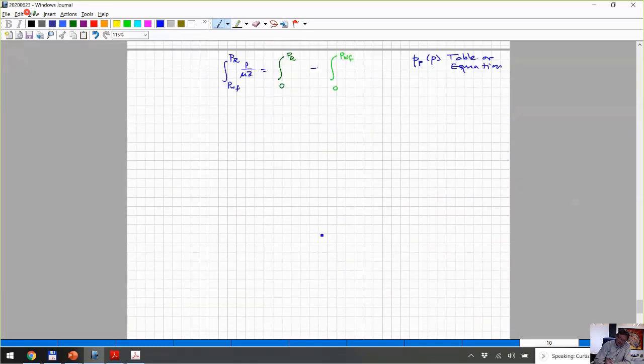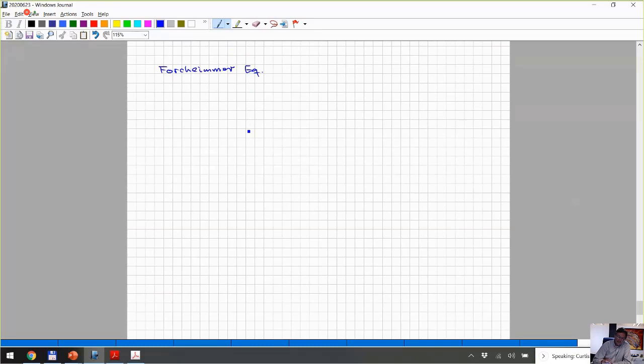And then I'll just mention that the other form of this, which can't be ignored, is the Forchheimer equation.